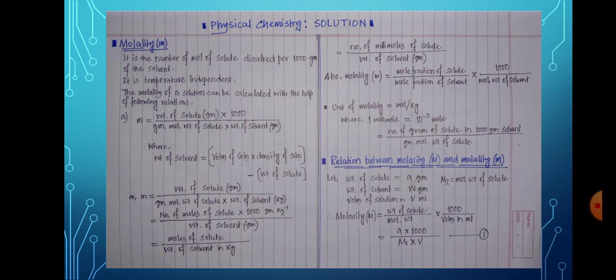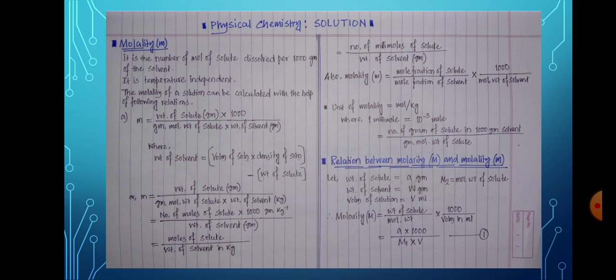Now, the unit of molality is mole per kg, where 1 millimole equals 10 to the power minus 3 mole, that equals number of gram of solute in 1000 gram of solvent divided by gram molecular weight of solute.